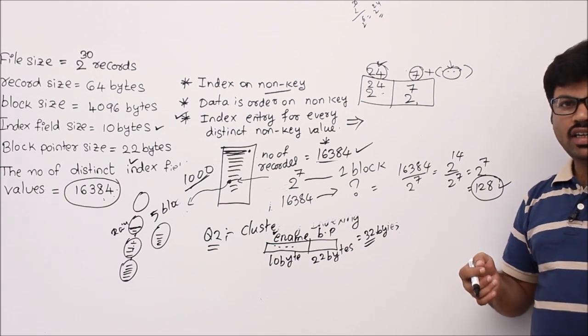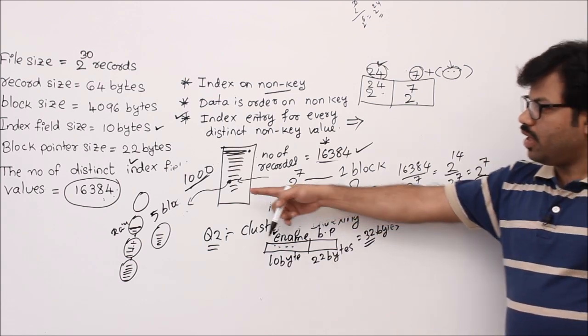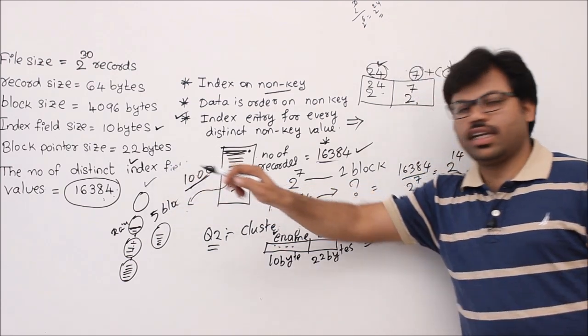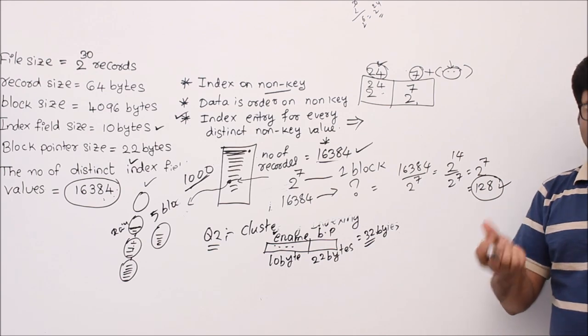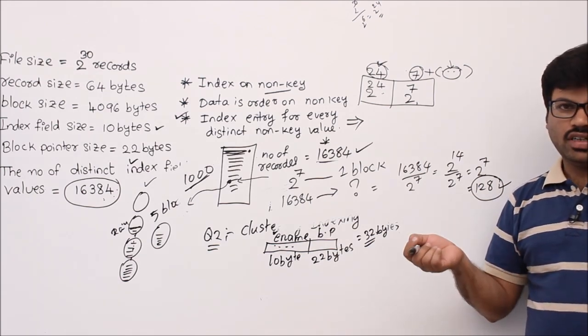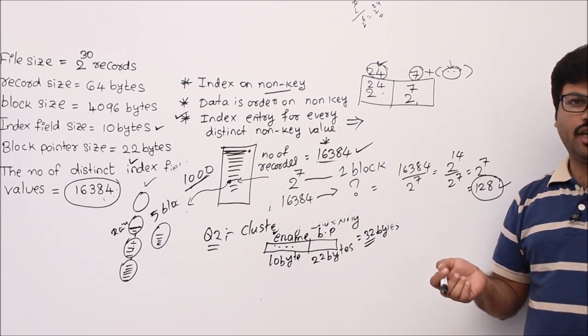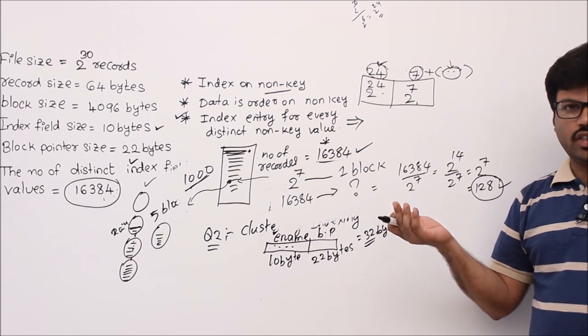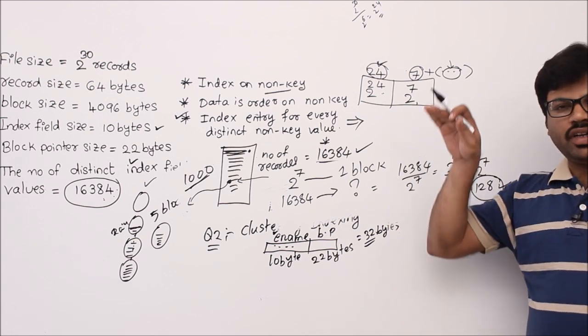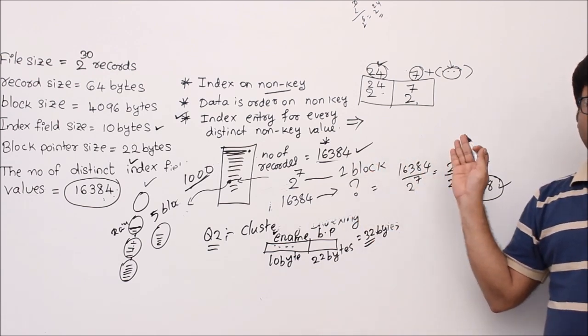If you think naturally, when you have employee names, how many distinct values do you have? 16,384, right? That means each such value is repeated also. Example, Ramesh might be repeated 100 times, maybe 200 times, maybe 300 times, and maybe at most 5,000 times. Then if one employee's name is repeated thousands of times, 5,000 or 10,000, it occupies after all 5-6 extra blocks.